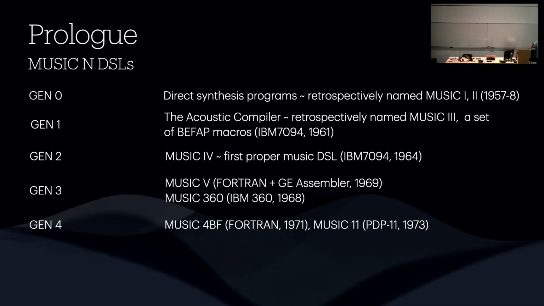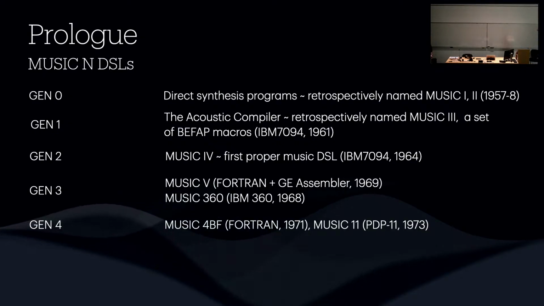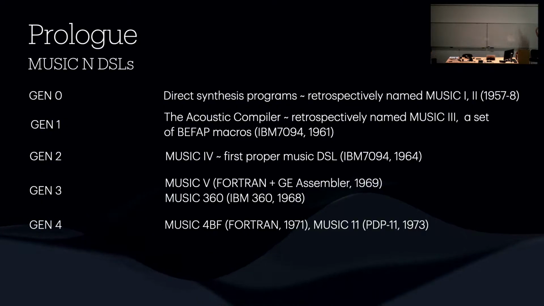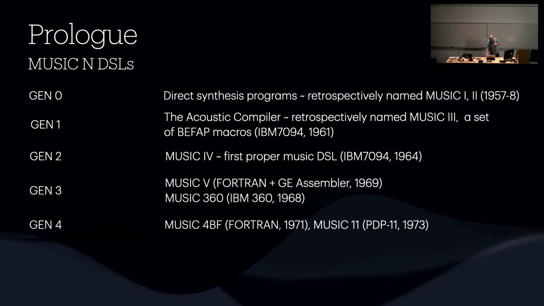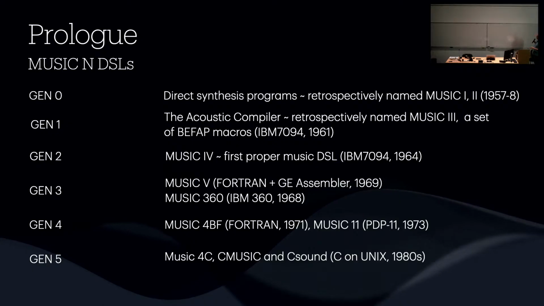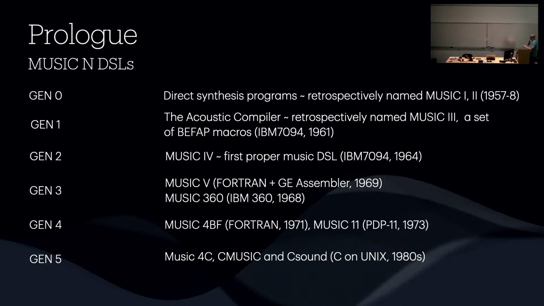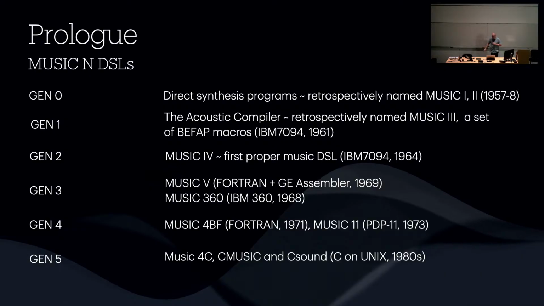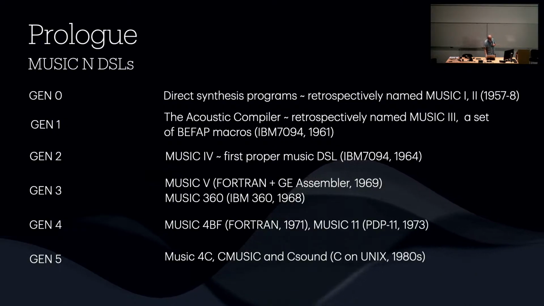We're talking about big mainframes in generation 3, moving on to minicomputers, and PDP-11 was a really classic, very important minicomputer from the 70s. Then we have generation 5, where we actually come fully into the Unix world. You have Music for C, Music C, and Csound, starting in the 1980s. So that's where we got to.